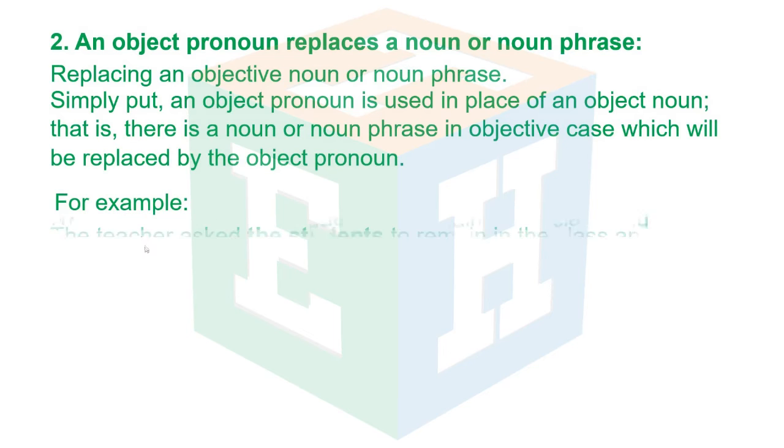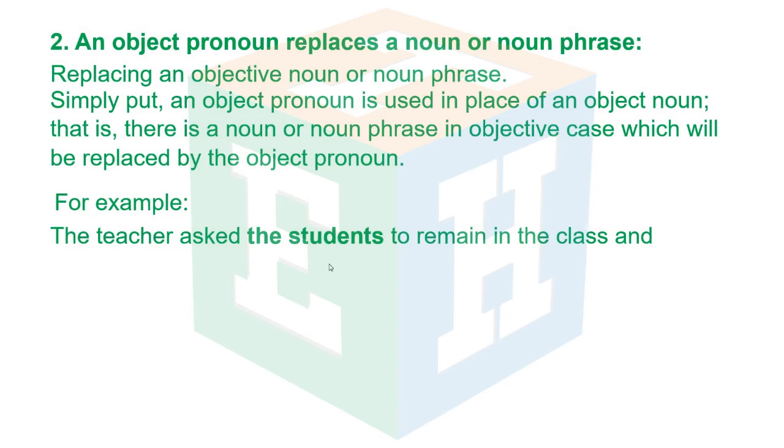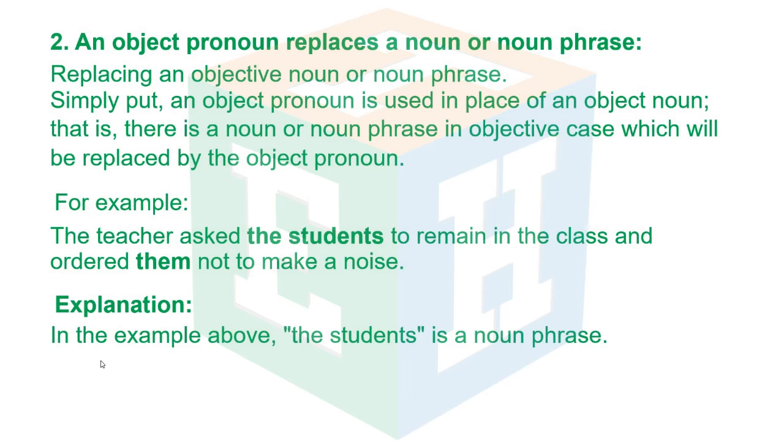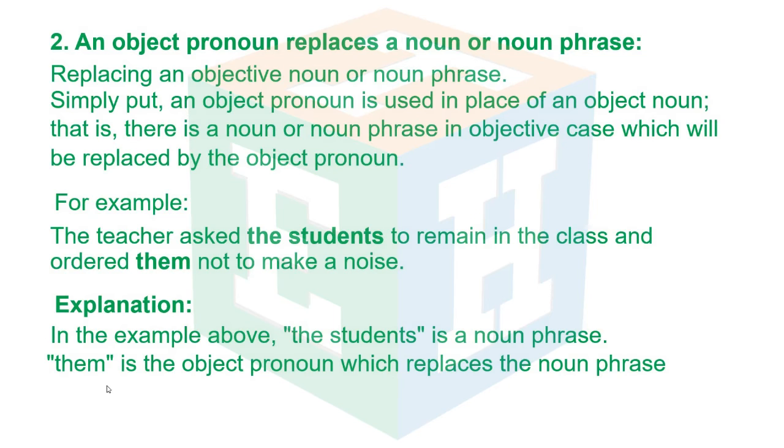For example, the teacher asked the students to remain in the class and ordered them not to make a noise. Explanation. In the example above, the students is a noun phrase. Them is the object pronoun which replaces the noun phrase, which is in objective case.